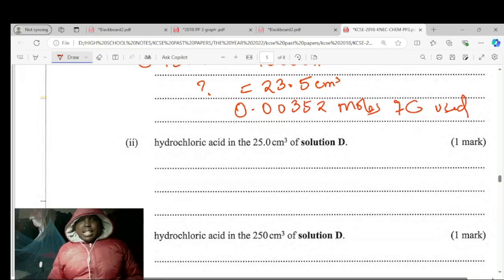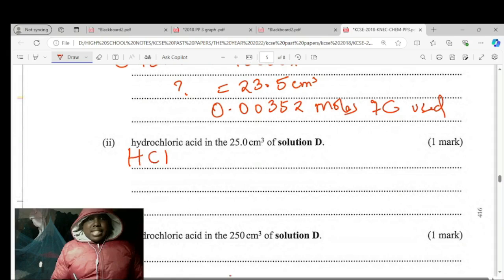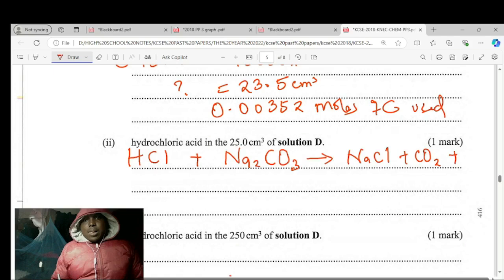So let us write the balanced equation: HCl reacting with sodium carbonate, which forms the salt sodium chloride plus CO2 plus water. So that is the equation.